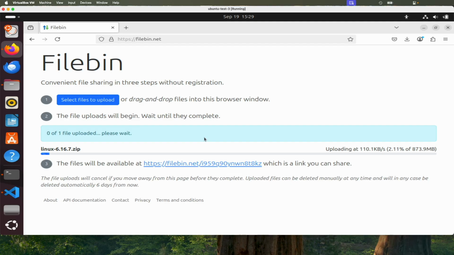This Linux kernel has all the upgrades to the TCP Cubic and BBR. It's a very recent version, and by the way, we are using a virtual machine running Linux on a Mac system. About 119 KB per second and 2.55% has been uploaded.